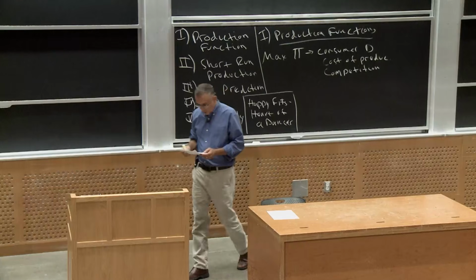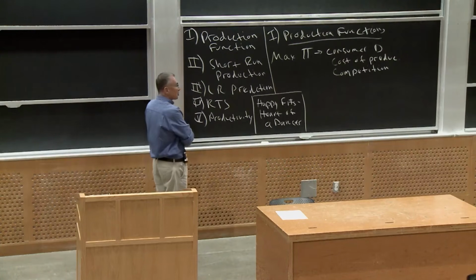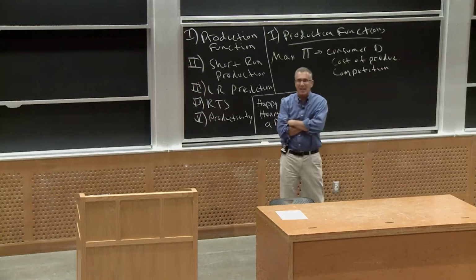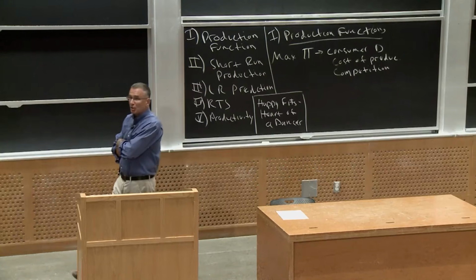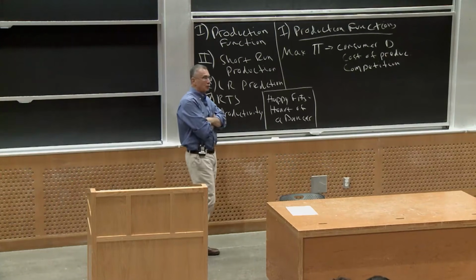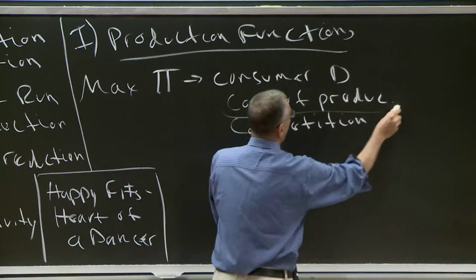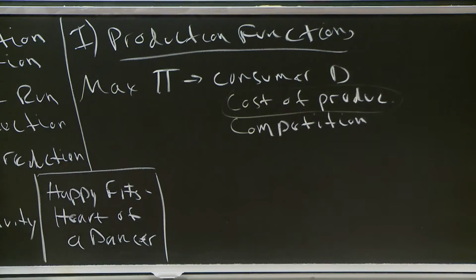Now, the first and the third are things which are largely out of the firm's control. Not totally out of the firm's control. We'll come back to how things like advertising might affect demand and how things like monopolies might affect competition. But in the standard model, view them as out of the firm's control. Take them as given. What the firm controls is the cost of production. That's what's under their control.